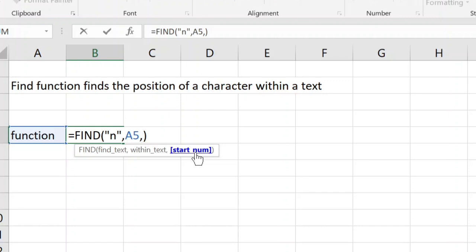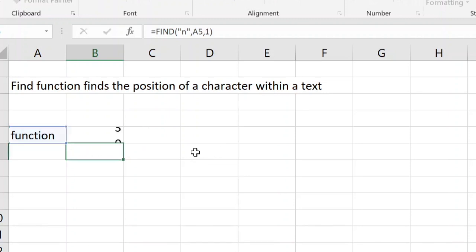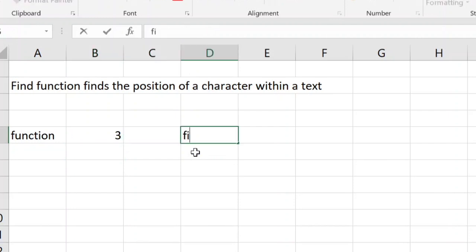Suppose we want the first n position, which is number 3. So we will press 1, then 3 is available. This is for the first n position.